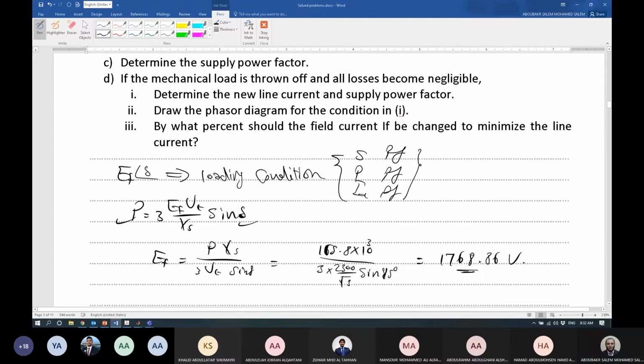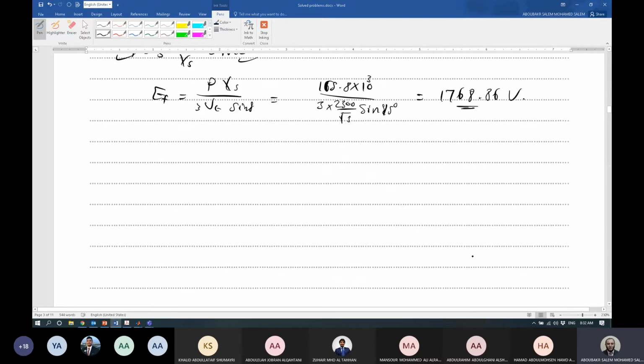I can give you another example of how we can use the graphical solution. Here we could calculate the value of EF, and we have the angle. Draw the phasor, determine the line current and supply power factor. So simply now we have EF and we have the angle.